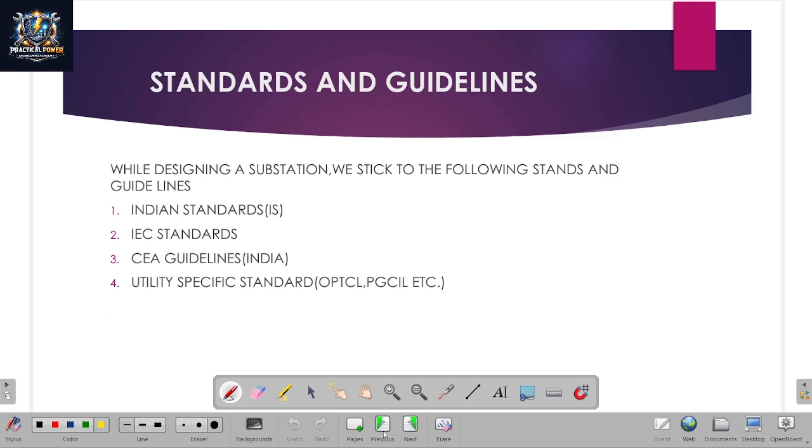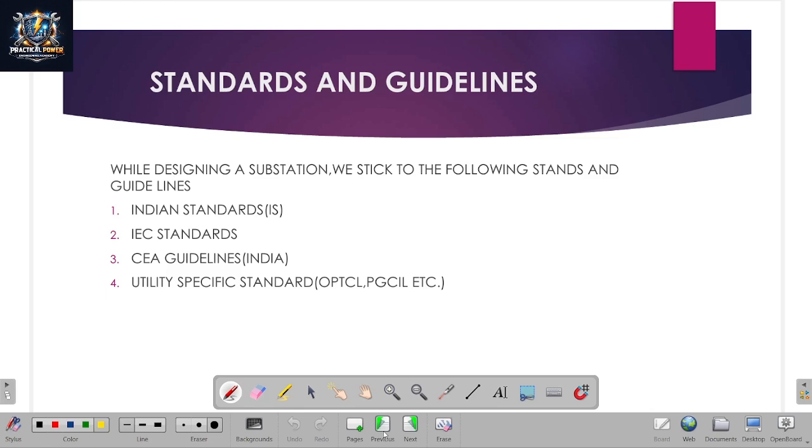During the design criteria, we will consider the Indian standards, IS, IEC standard, and Central Electricity Authority guidelines for India, and utility specific standards such as OPTCL, PGCIL or utility based standards.